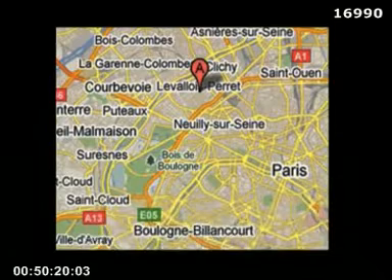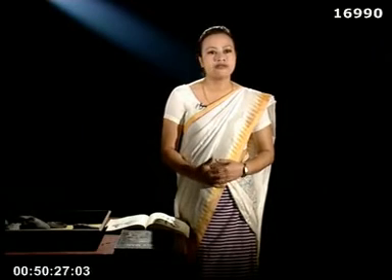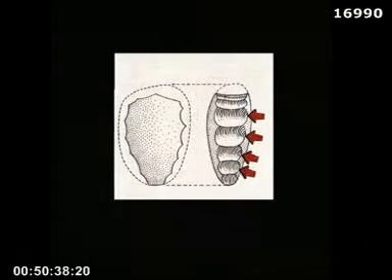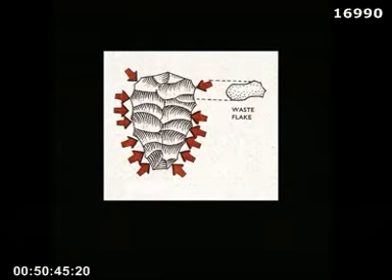Named after Levallois-Perret in Paris, the Levallois technique is an artistic and skillful method of preparing flakes and cores. Here, the core is carefully prepared initially by roughly trimming the sides, and then from the upper surface, the cortex is removed in such a manner that the flake scars usually meet in the center.